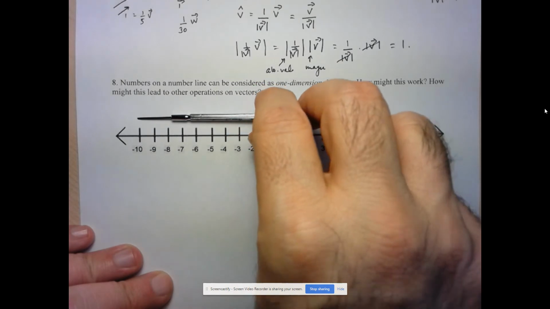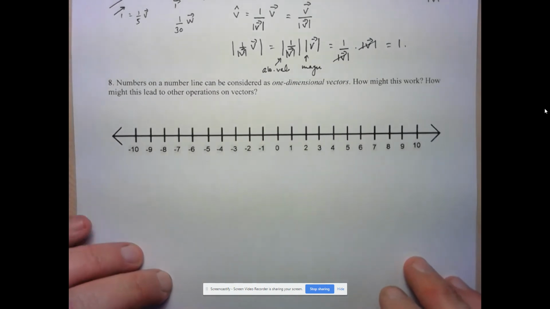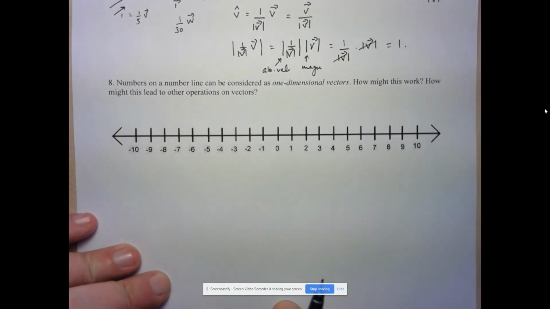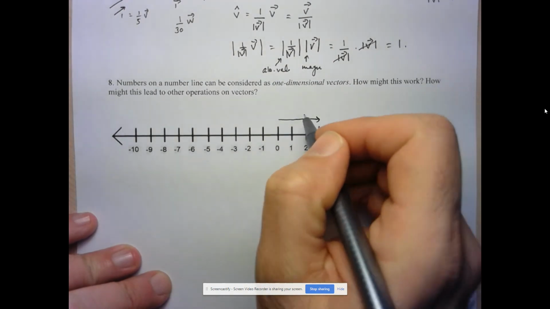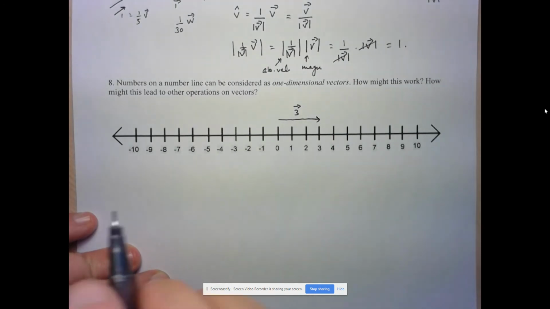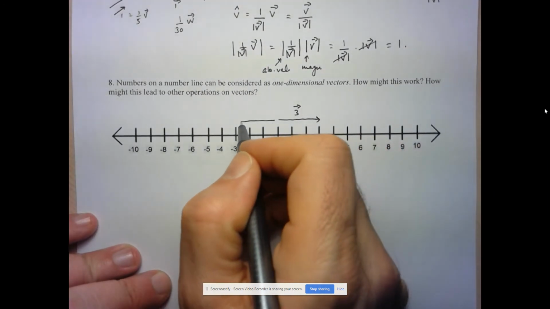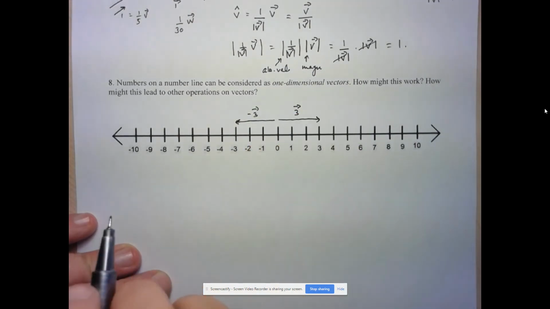So this idea of direction, we could get away with just using the concept of positive and negative to describe direction. There's an urban legend that says some grade school teacher taught all of arithmetic using vectors. So they didn't talk about the number 3, they talked about the vector 3. And then this would have been the opposite vector, so the vector negative 3.